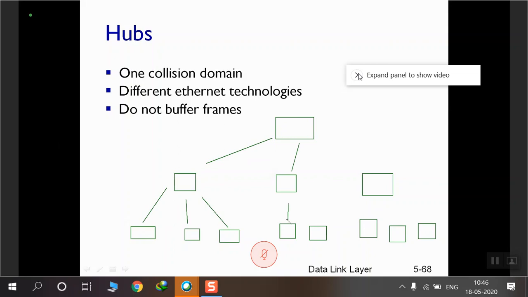So if we have one segment here, another here, and this is the backbone, this one has some more, this one has more, and this one has more. So something like that.